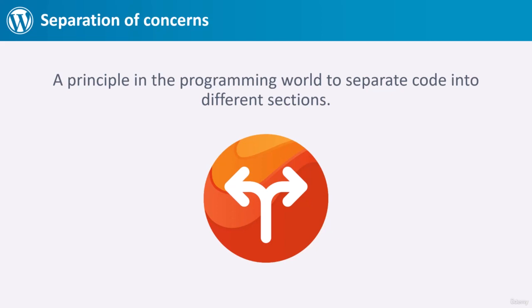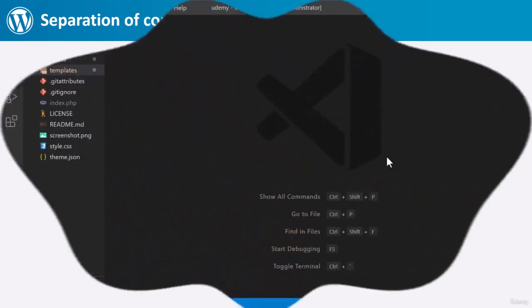Most developers will separate their CSS into different files. Not only does it keep the HTML file small, but it allows the CSS to be reused in different HTML files. WordPress will help us with keeping our code clean by allowing us to separate our theme's template and logic.